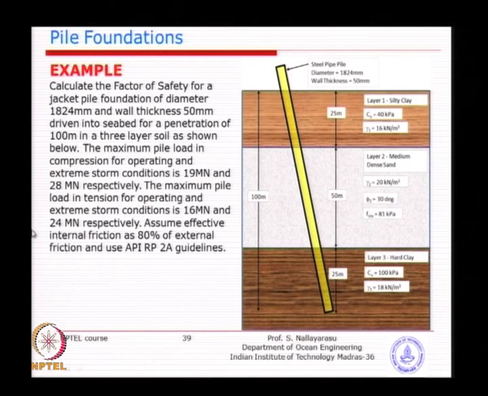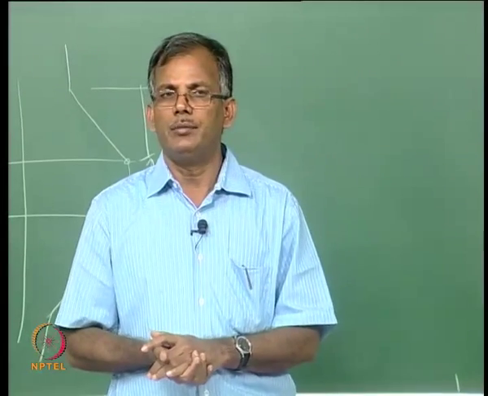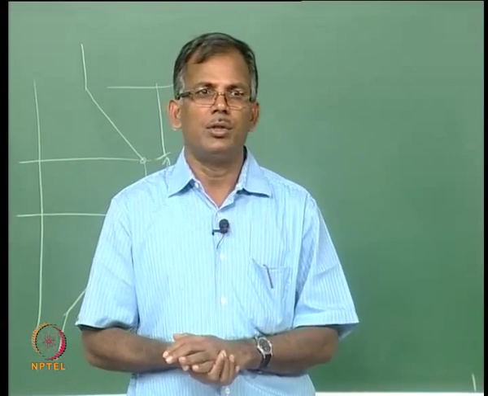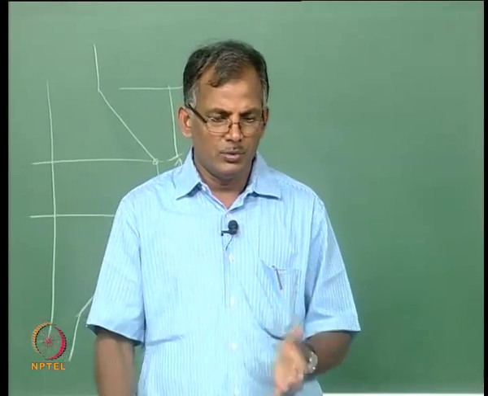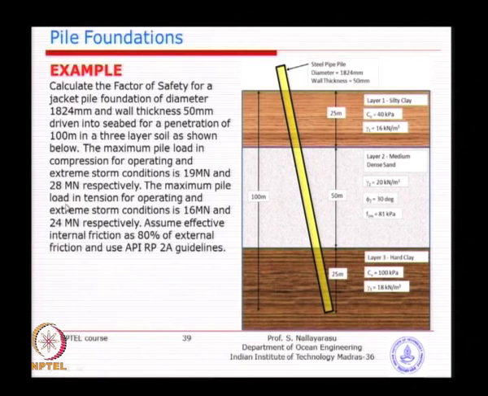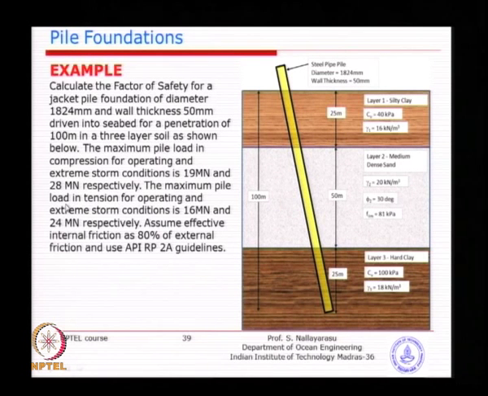And the type of loading you can see here, 19 meganewton. So, you should get some kind of practical sense of the magnitude. 19 meganewton is almost 2000 tons. You understand the idea, no? 2000 tons. 28 meganewton is approximately about 3000 tons. So, that is the magnitude of foundation loading.